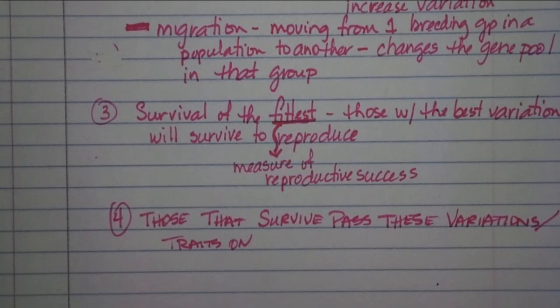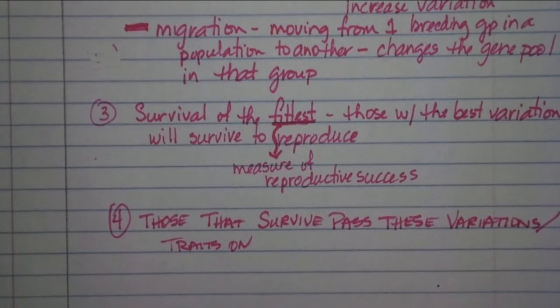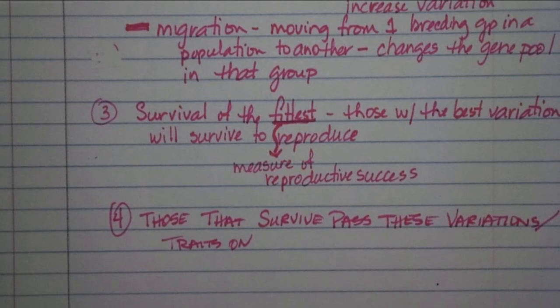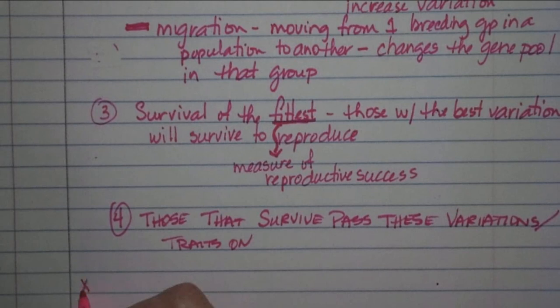Now, the last thing I'm going to add to this is that if these changes build up over time, that's when you have evolution occurring. B-U-I-L-D. And remember, it's not just a little bit of time, it's a big amount of time, right?